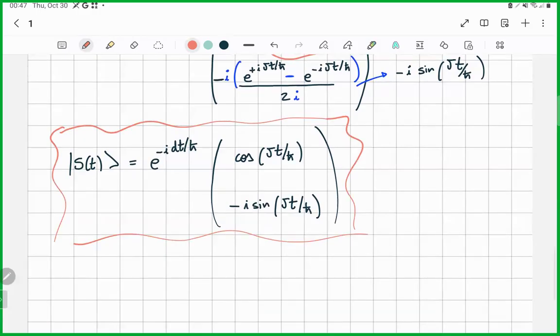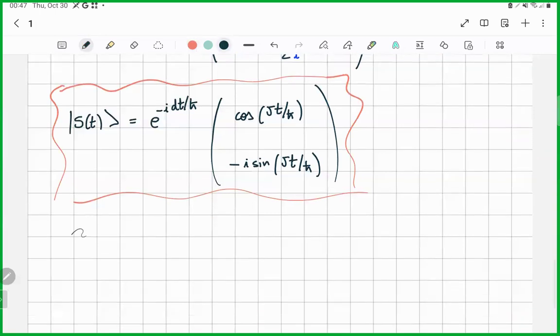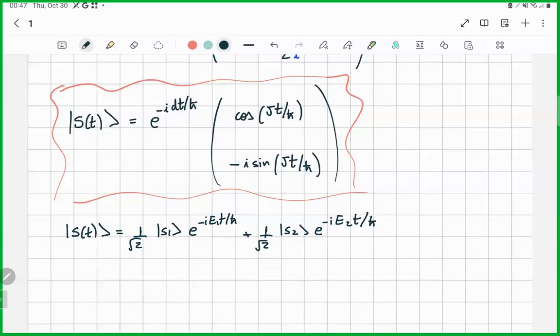The solution, okay? What do I want to say? Look, this is the solution. I can also, where did this come from? From here, no? So let's just copy this again. And this is a state that is changing in time. Okay? So if I ask you, if I measure energy, what is the probability that I get the energy E1?